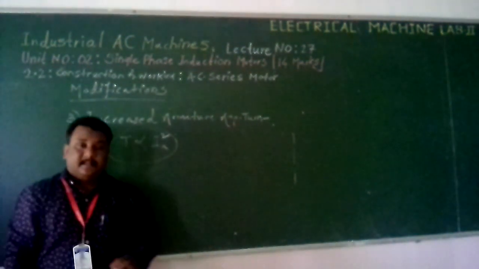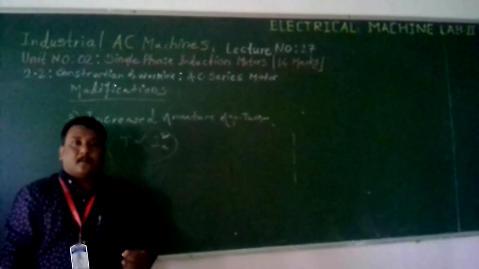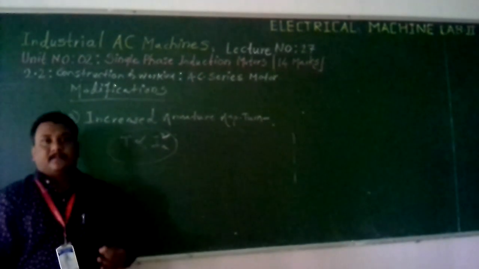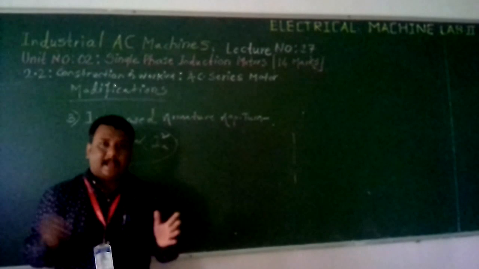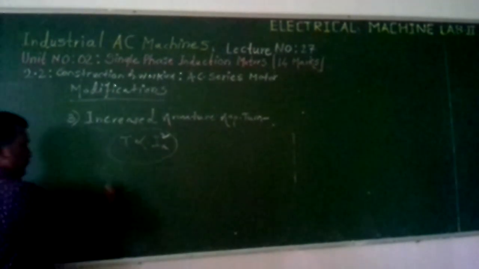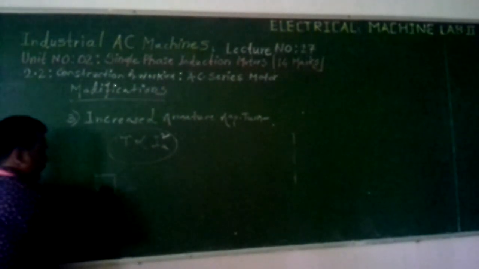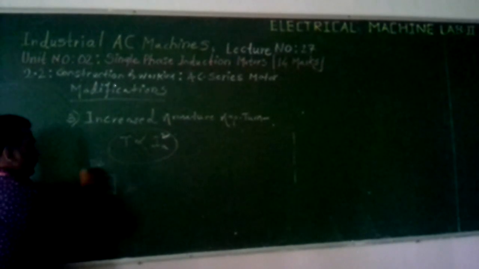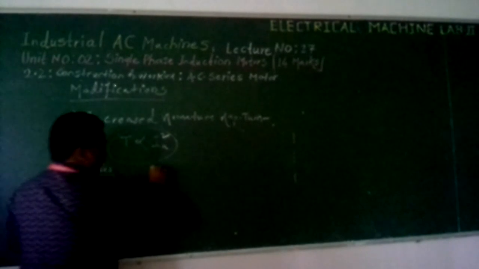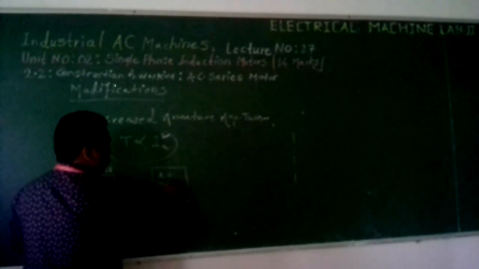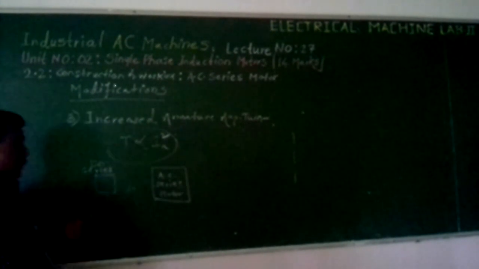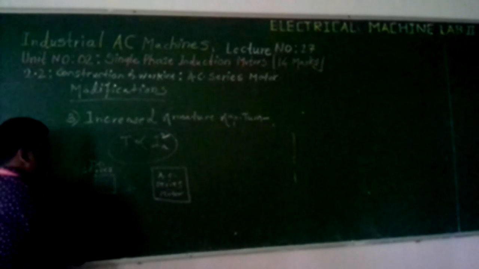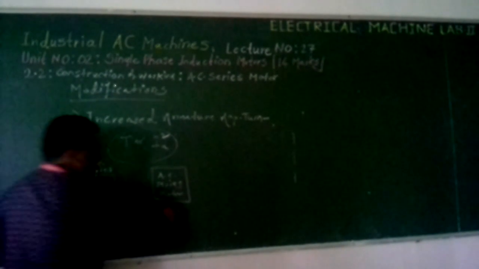That's why the armature of an AC series motor is very bulky. Suppose this is the size of a DC series motor, and this is the size of an AC series motor, for the same rating, suppose it is 2 kilowatt, it is also 2 kilowatt.